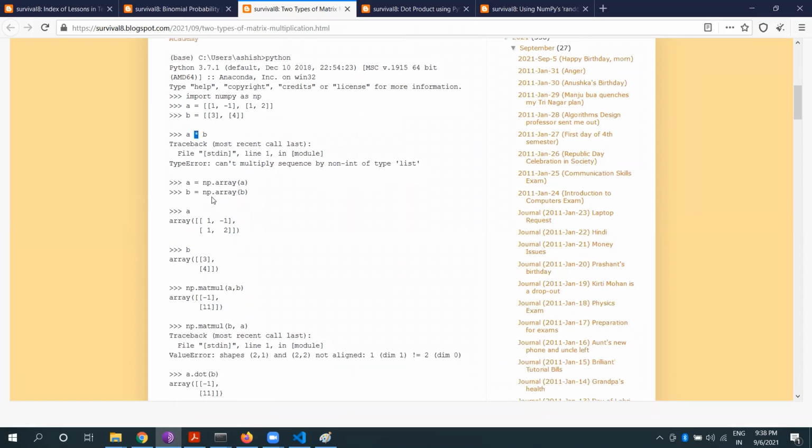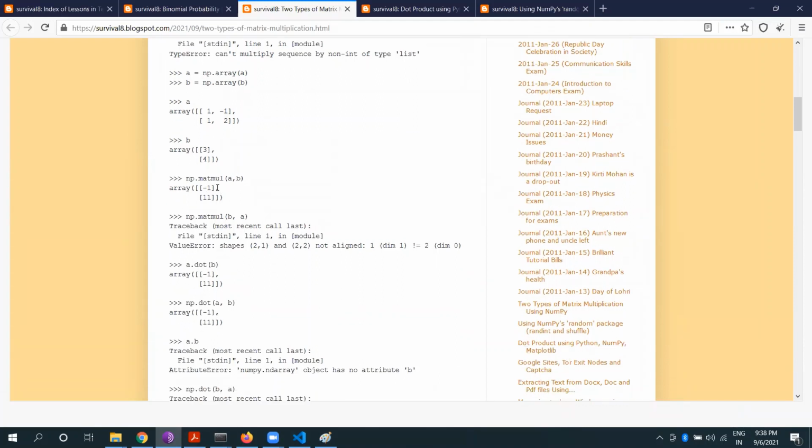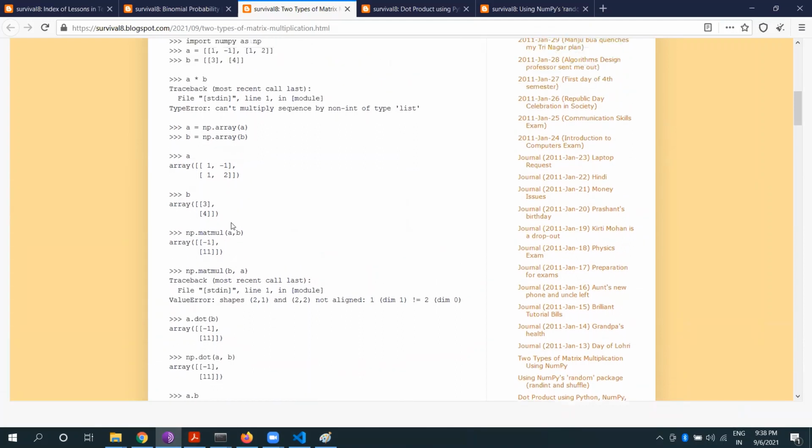But if these arrays are converted into NumPy arrays, like we are doing over here with np dot array, and we print them, 1 minus 1, 1, 2, then with np dot matrix multiplication these two are multiplied with these two.